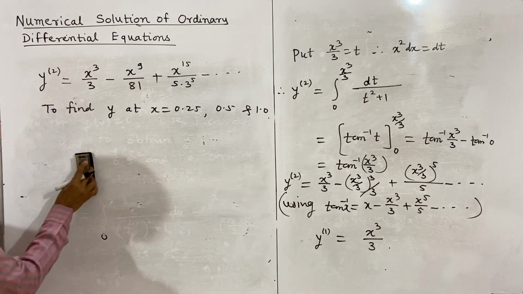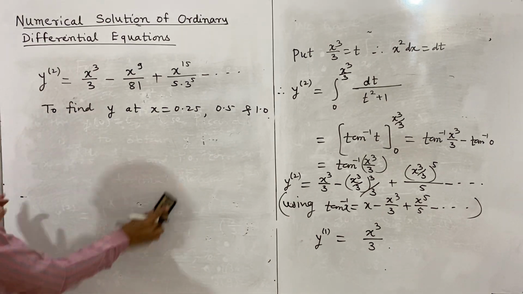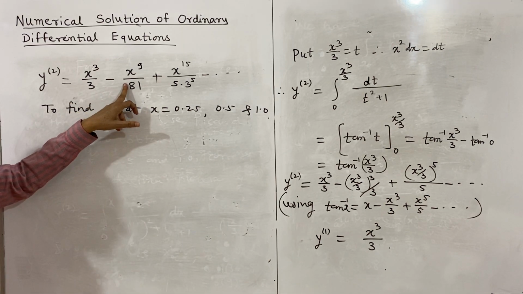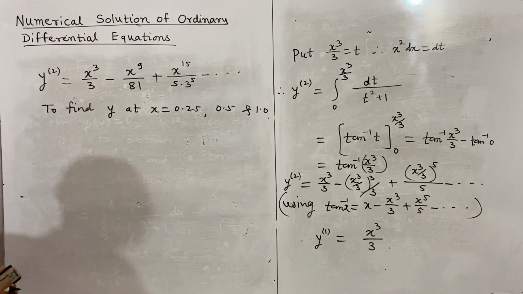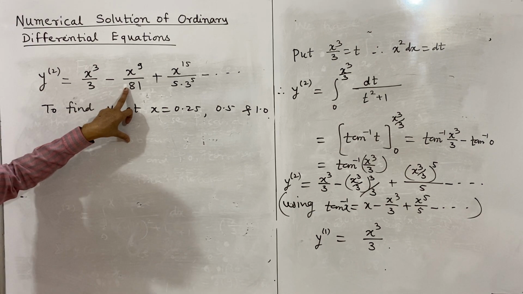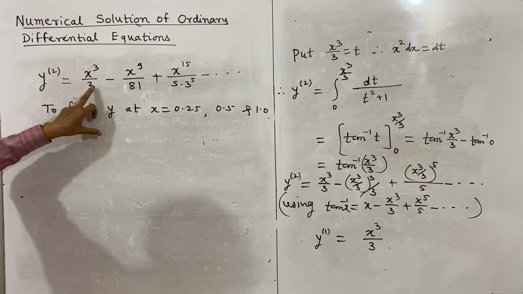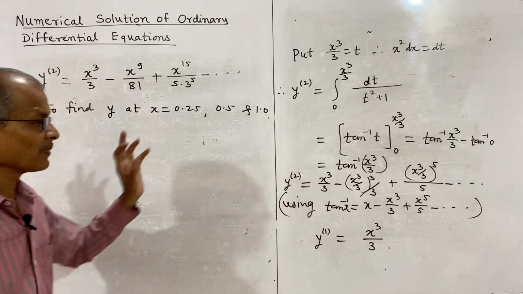Now, up to 3 decimal places means the next term should have its first 3 decimal places equal to 0, so that this value will remain the same.